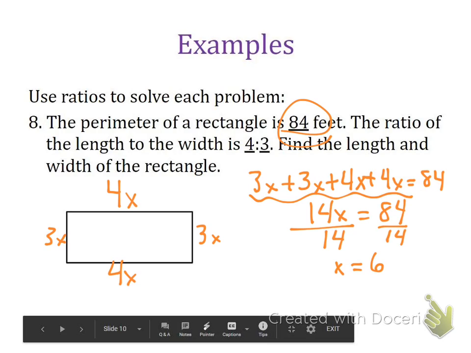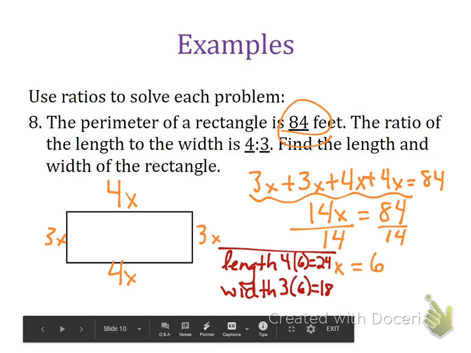So the length is going to be 7 times 4, which equals 28. The width is going to be 3 times 4, which equals 12.